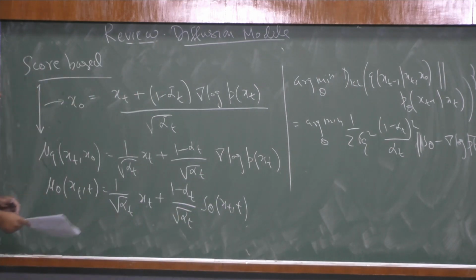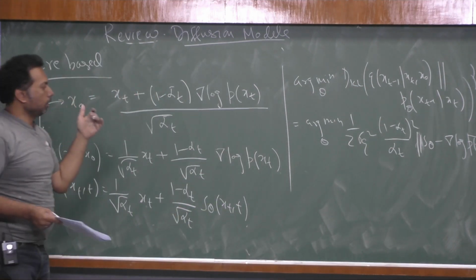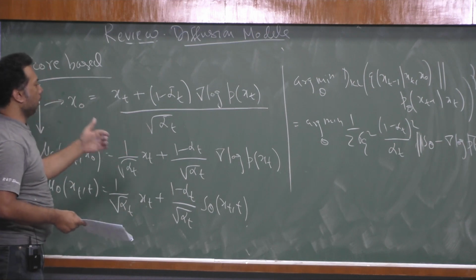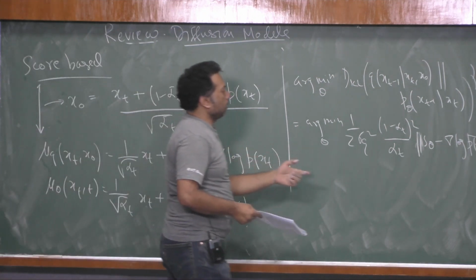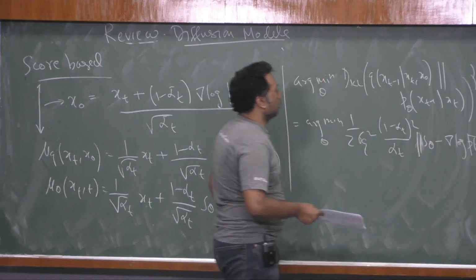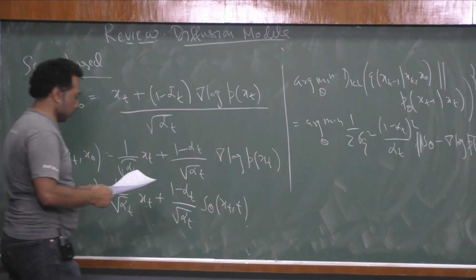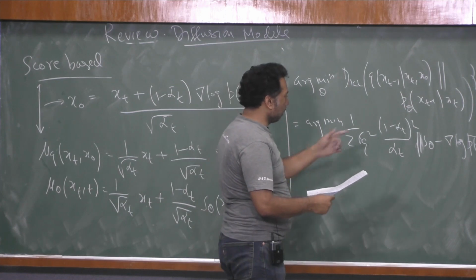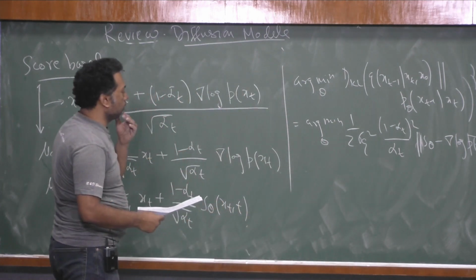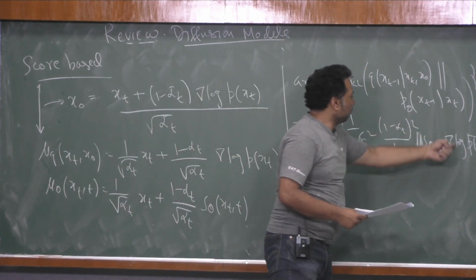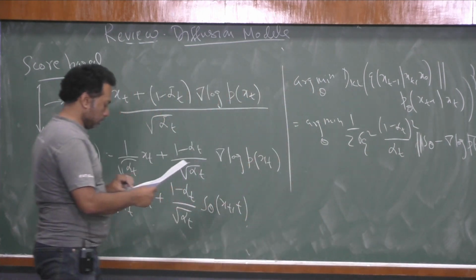Previously we had x theta minus x naught, then epsilon theta minus epsilon, and now we have s theta minus grad log p xt. So this is another view where we are trying to learn via so-called score matching. When we looked into score matching, the question was how are you going to minimize this? Again it's a problem of optimization.